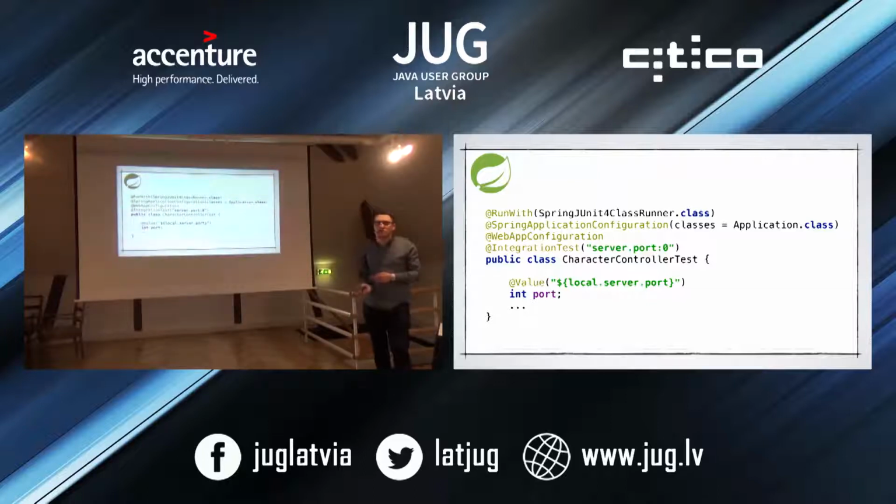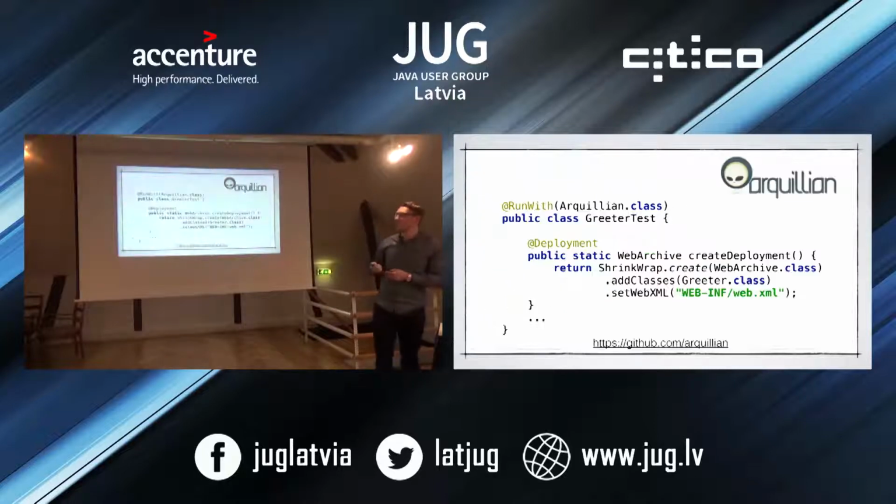If you're not using Spring and you're using just war files, one thing handy that would help you is Arquillian. Who has used Arquillian? Okay, not that many. So Arquillian is a library that allows you to configure how you can create your war file with a ShrinkWrap API.